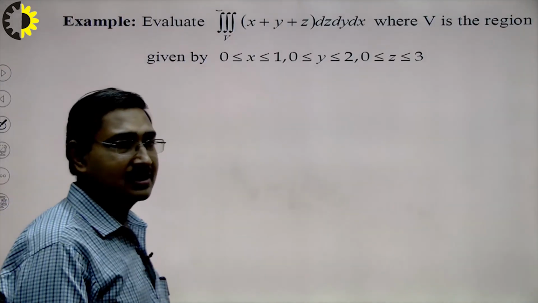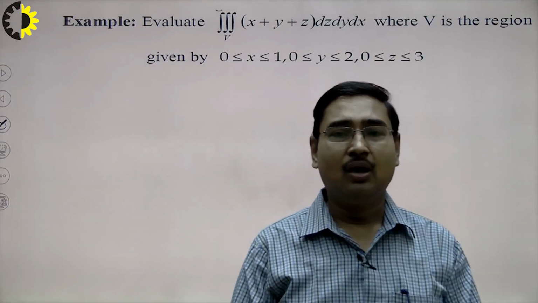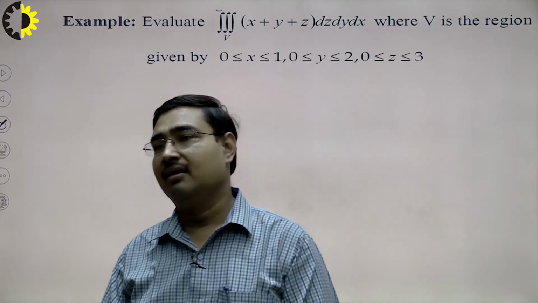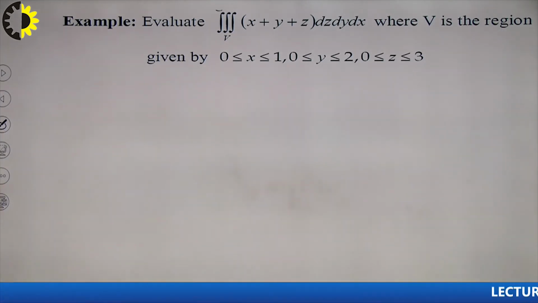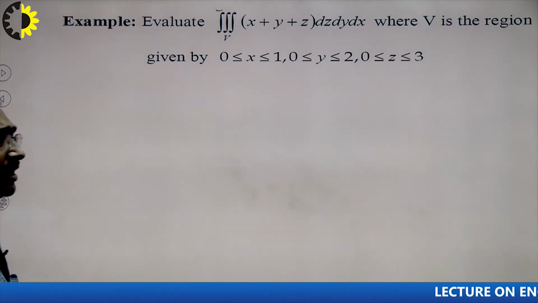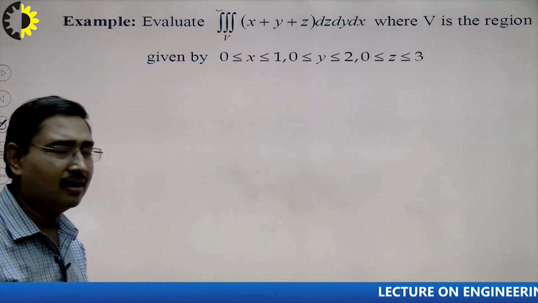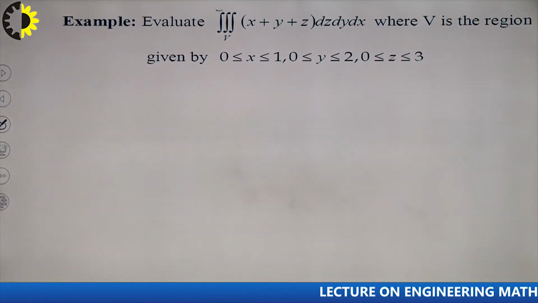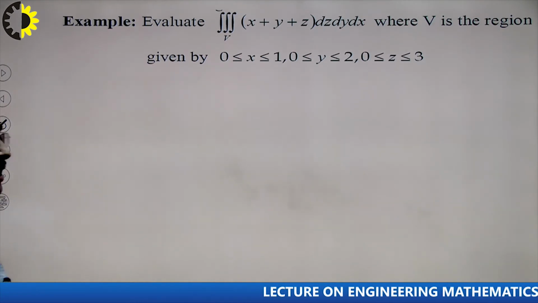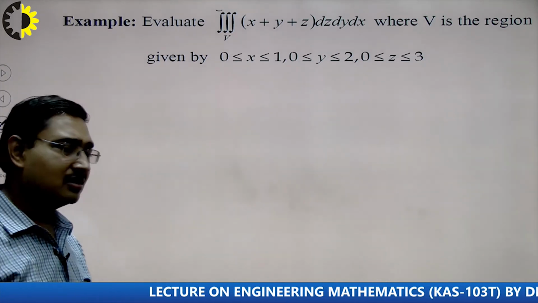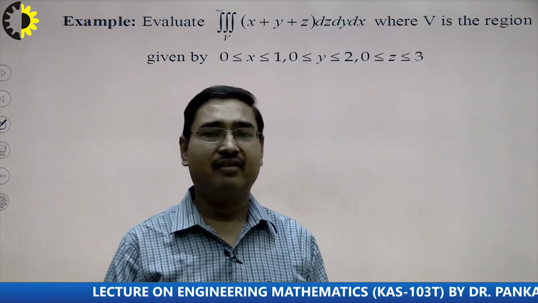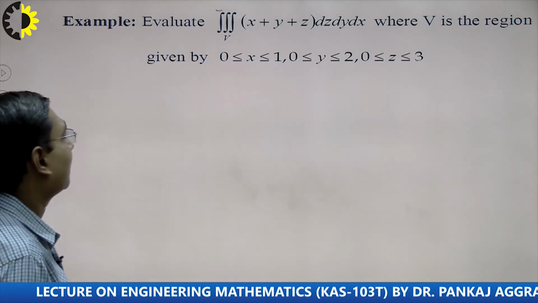Now we take an example to understand how to calculate a triple integral if limits are given to us. If limits of a triple integral are given to us, then it is not difficult to evaluate the triple integral, because it is simply a similar process as we have done in the double integral.